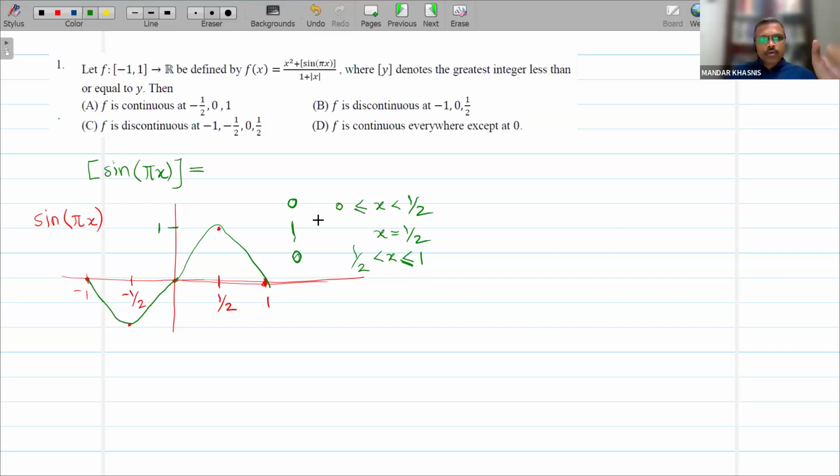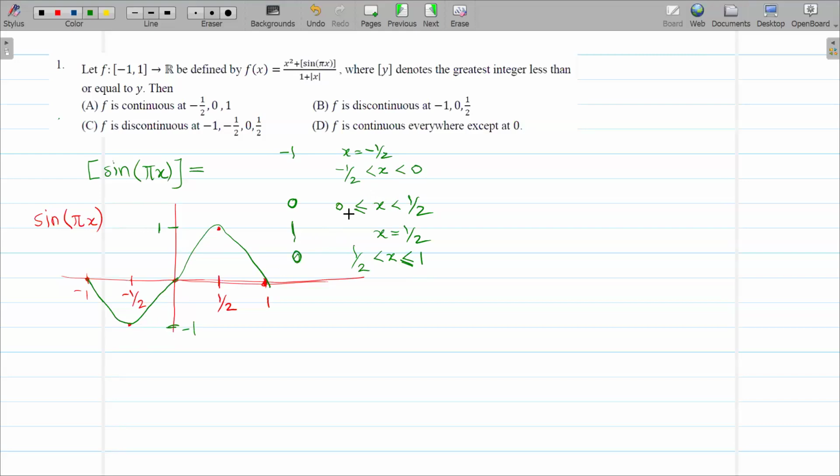Now go backward, between minus half and 0. Let me play safe. At minus half, it is minus 1. Between minus half and 0, the values all lie between minus 1 and 0, so the floor is minus 1.